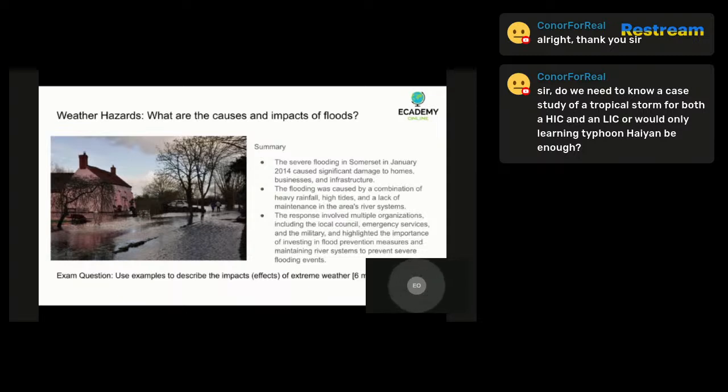So the Somerset floods in January 2014 had a huge impact on local communities, but it's a good example of what happens if you are not prepared, but also a good example of afterwards making sure that you don't make the same mistakes that were made before.